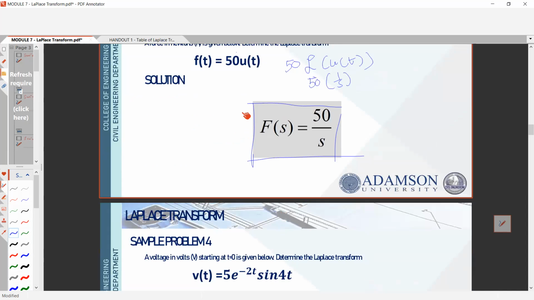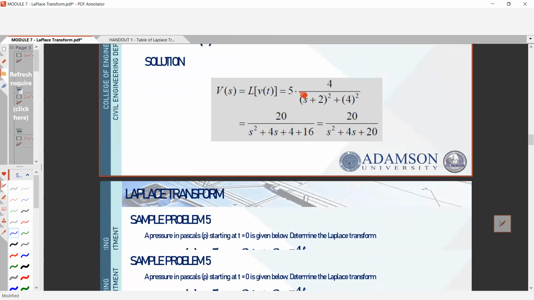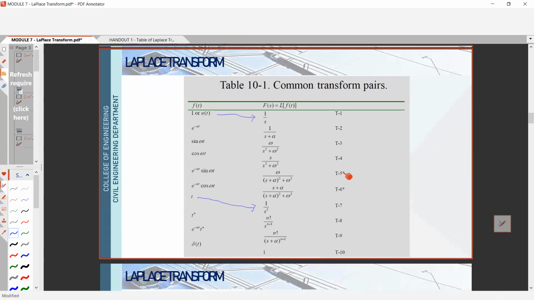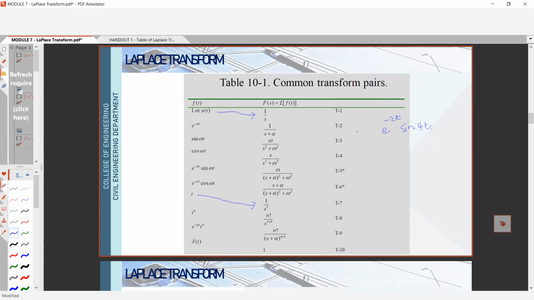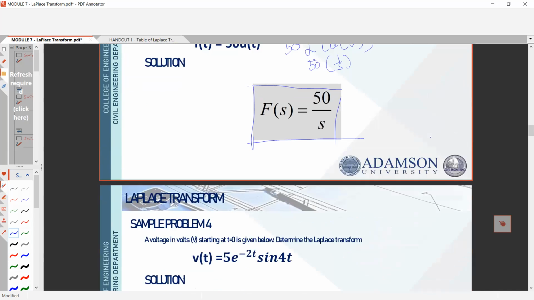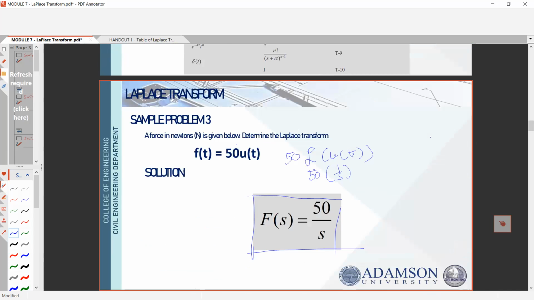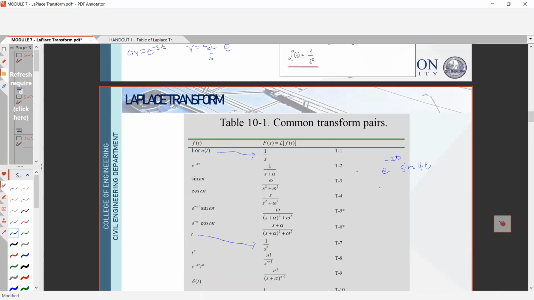Okay, so hanap tayo. Ang function is e raised to negative 2t sine 4t, so ilagay ko lang dito. E raised to negative 2t sine of 4t. So meron pa tayong 5 sa labas.